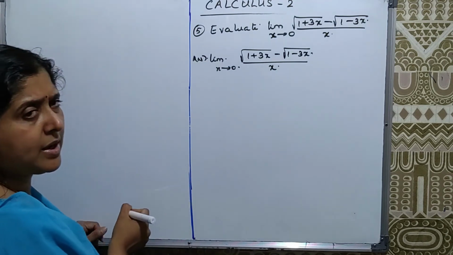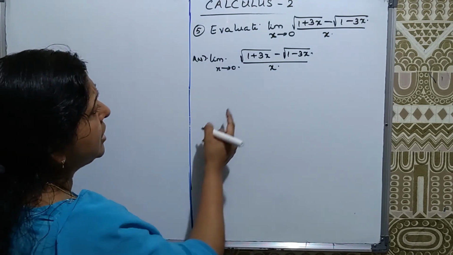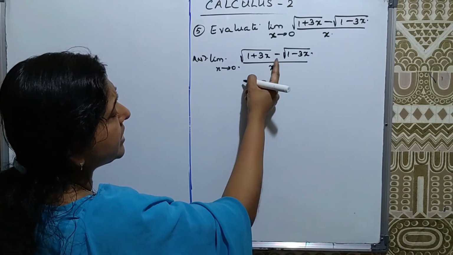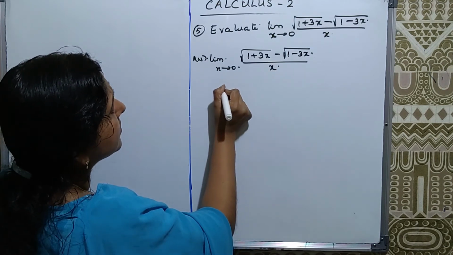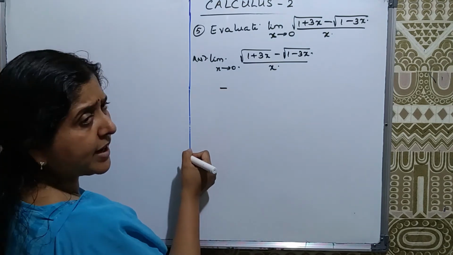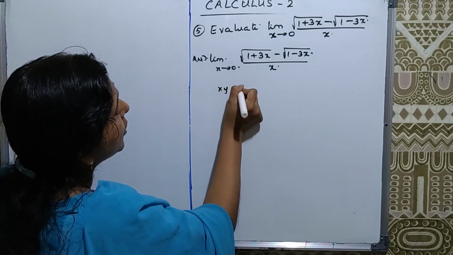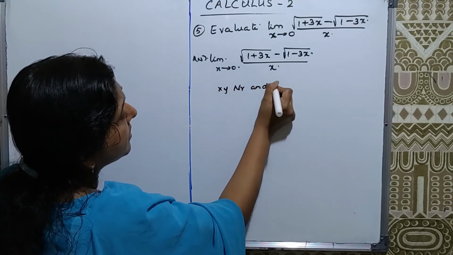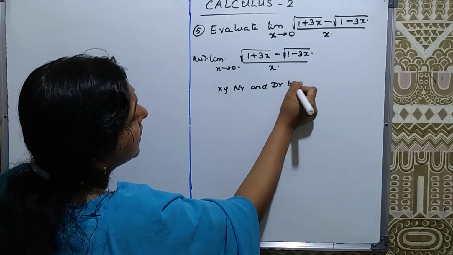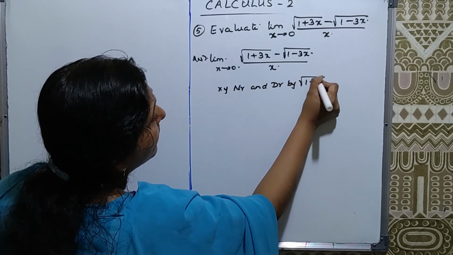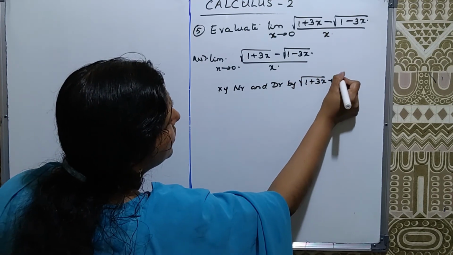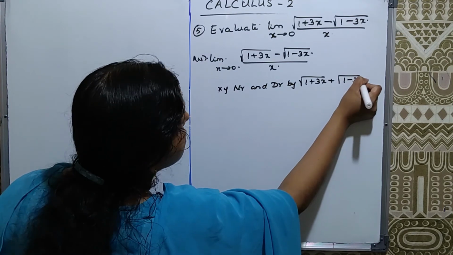Now we'll multiply numerator and denominator with the opposite sign. Actually we are rationalizing. So here multiply numerator and denominator by root of 1 plus 3x plus root of 1 minus 3x.